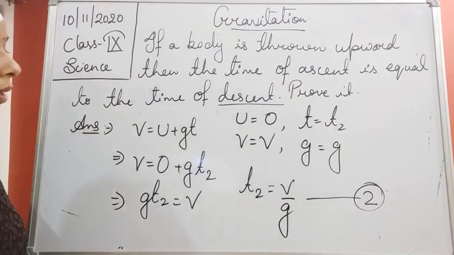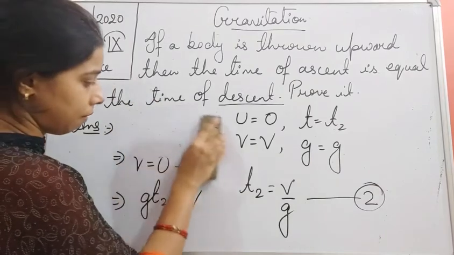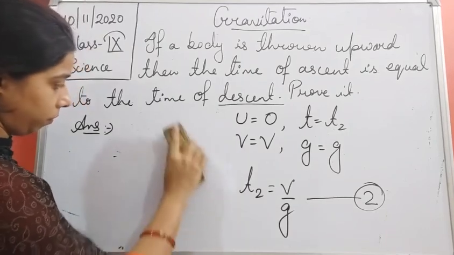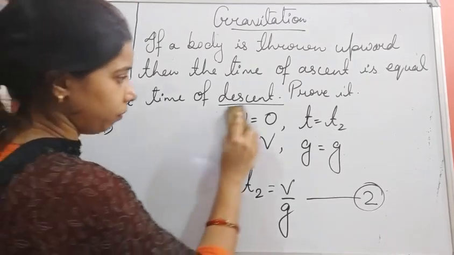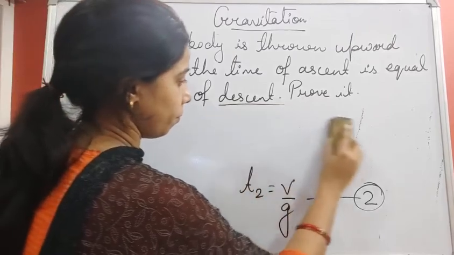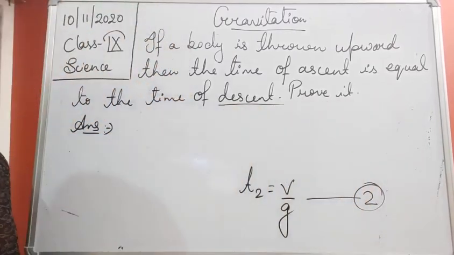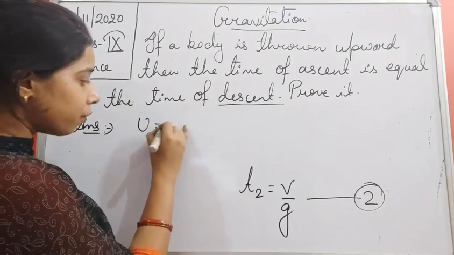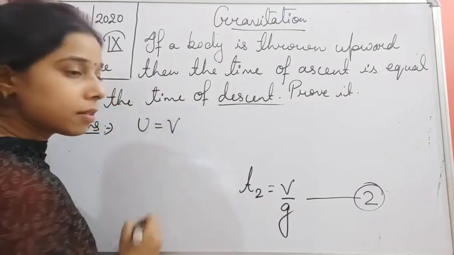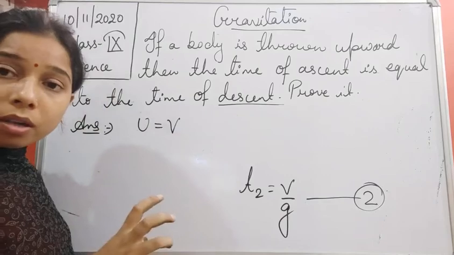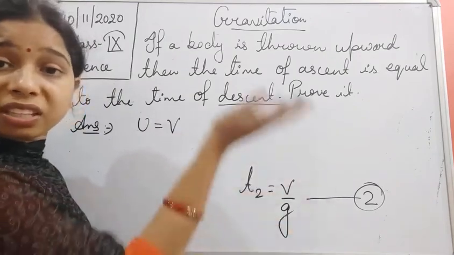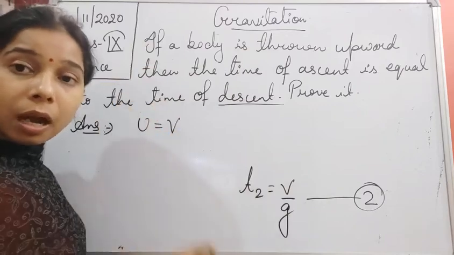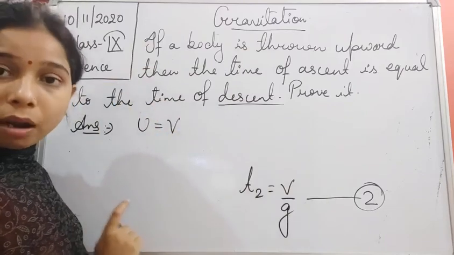Now you see, students, if we talk about u, that will be equal to v. Why is this? Because the velocity with which it reaches in the upward direction, with the same velocity it will come and strike the ground.